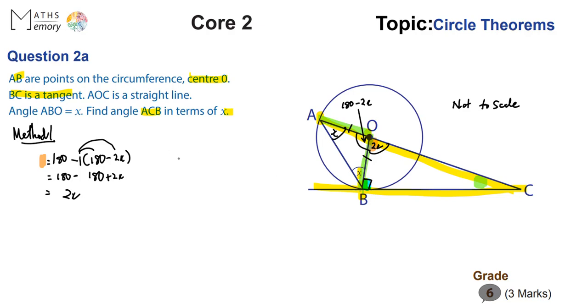We have 180 take away 90 plus 2x, which is the same as 180 take away 90, which is 90, and we're left with minus 1 times 2x, which is minus 2x. So the final answer is 90 minus 2x. That's one way of doing it.